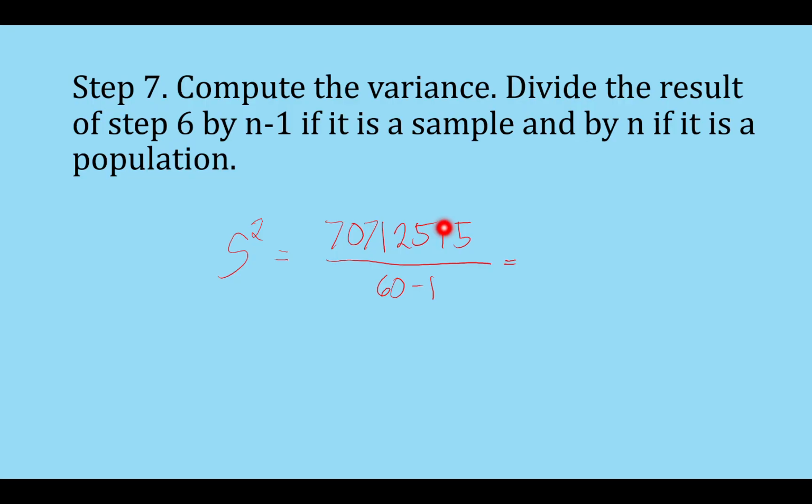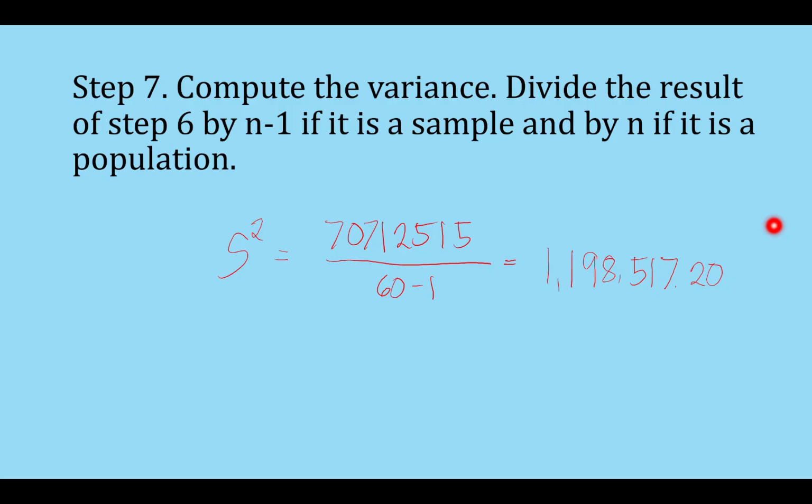So we have now 70712515 divided by 59. It gives us 1,198,517.20. Okay, so it's quite a long process, but it's not that difficult.